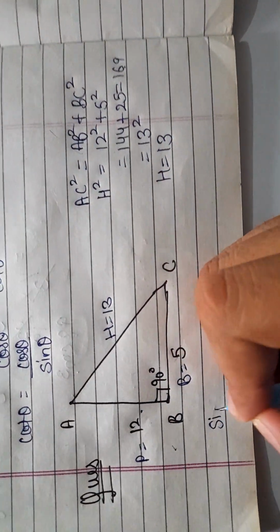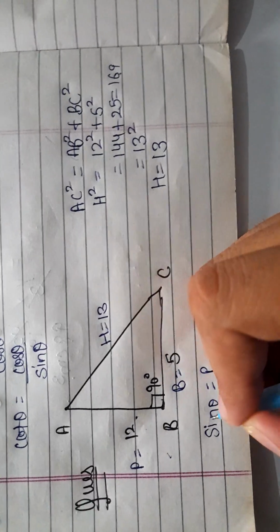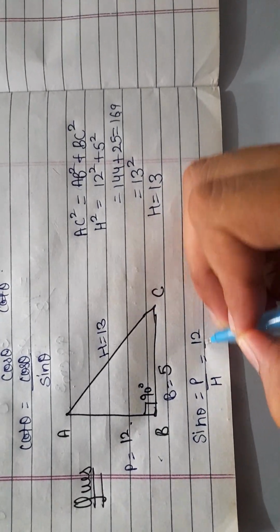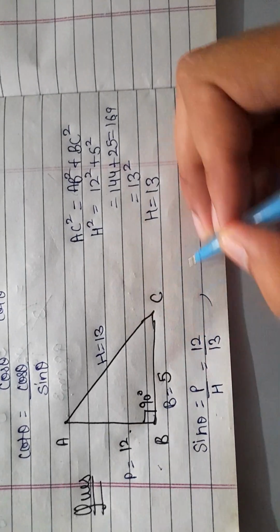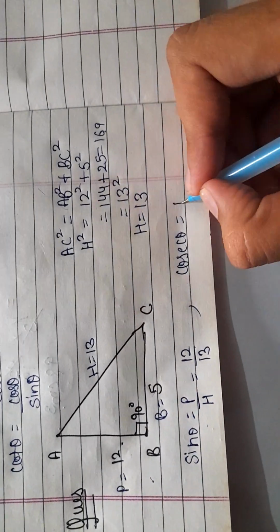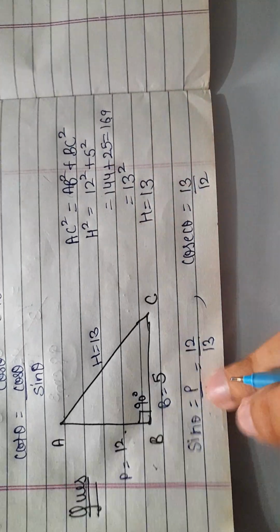Now we will find all trigonometry ratios by remembering these formulas. Okay, what is sin theta? Sin theta is perpendicular upon hypotenuse, means 12 upon 13, and cosecant theta is the reciprocal of sin theta, means 13 by 12.